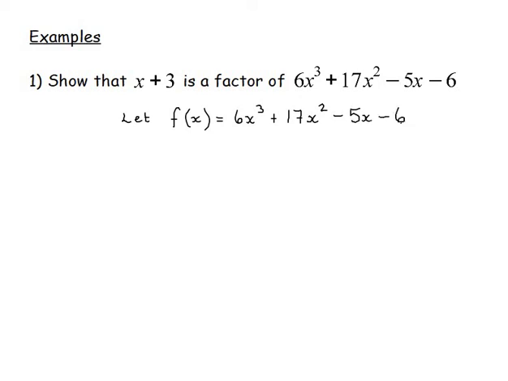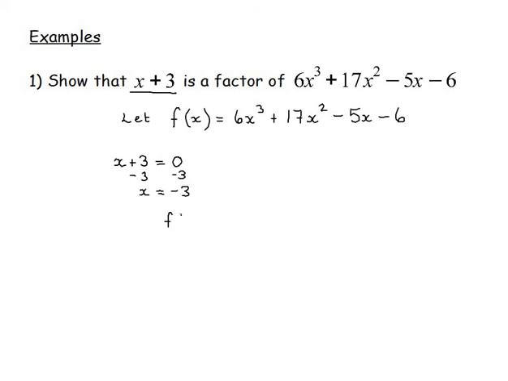Then we're going to take our value that we're going to divide into it, so our x plus 3, put it equal to 0 and rearrange. So minus 3 to both sides, so x equals minus 3. So you're substituting minus 3 everywhere into this equation.